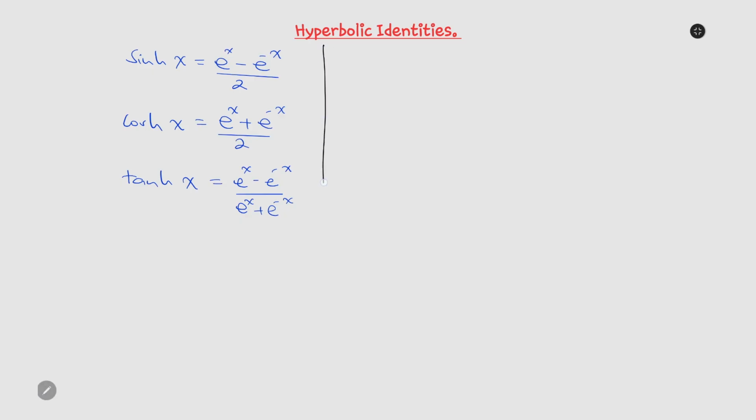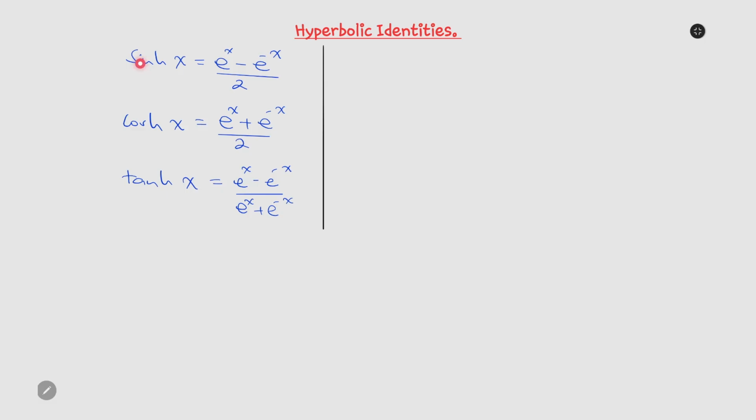So that, remember, we can now derive all these others from sinh x and cosh x. For instance, tanh x, we've gotten by dividing sinh x and cosh x to give us this particular function here.